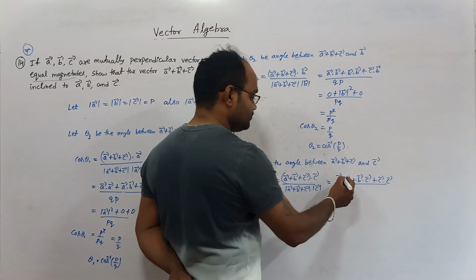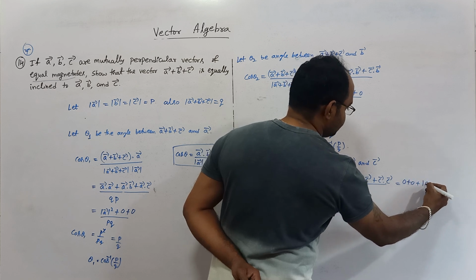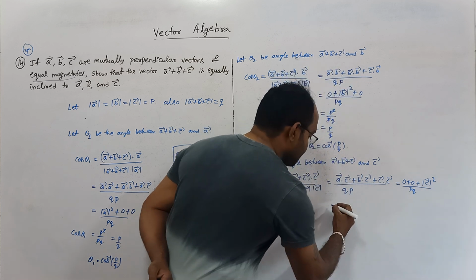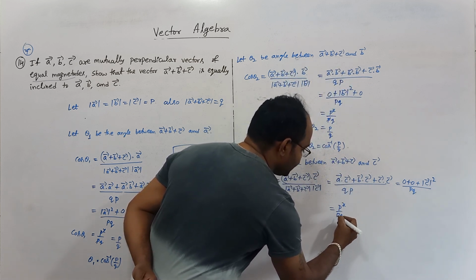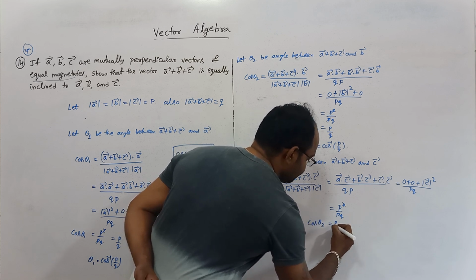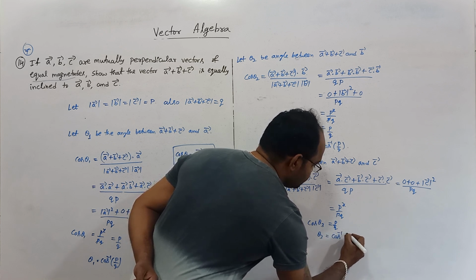This will be 0, this will be 0, 0 plus magnitude C whole square by PQ. So magnitude C whole square is P square by PQ. One P cancels, cos theta 3 is P by Q. So theta 3 is cos inverse of P by Q.